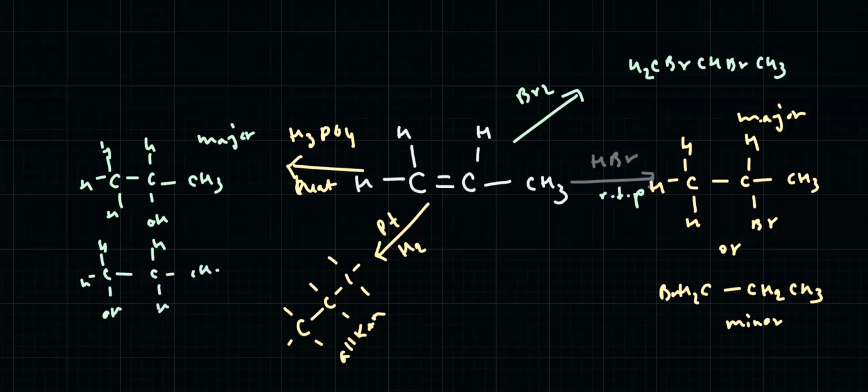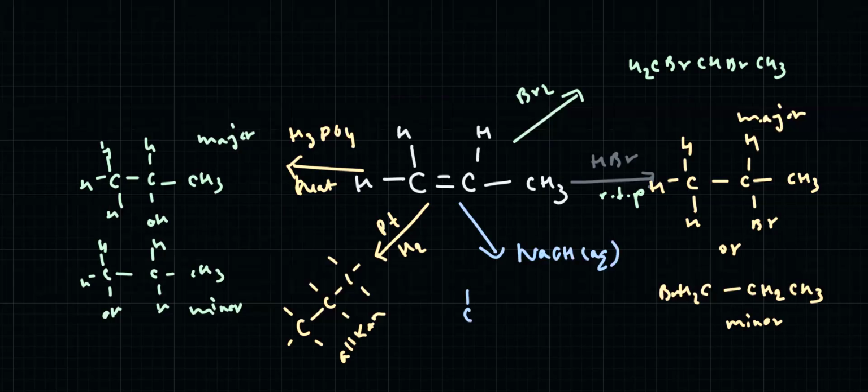All right, now, what if you had to react it with, for instance, sodium hydroxide, but in aqueous form? When you add aqueous sodium hydroxide, the hydroxide acts like a nucleophile in this case, and you would end up getting hydroxide in one of the reactions.